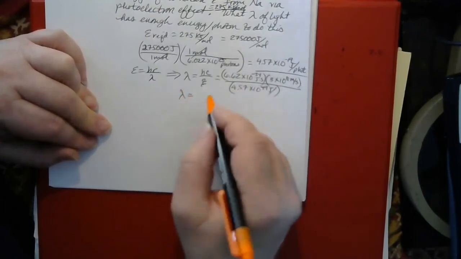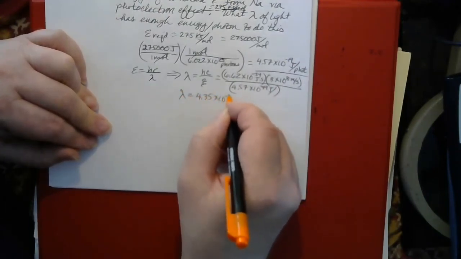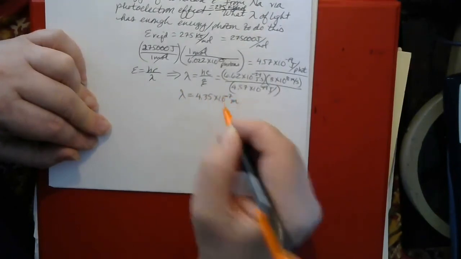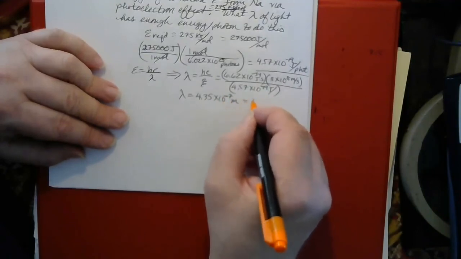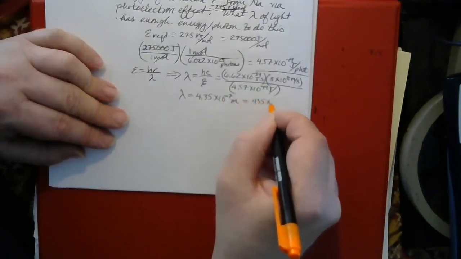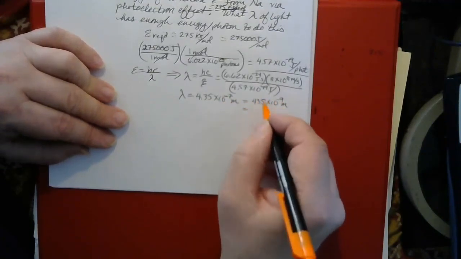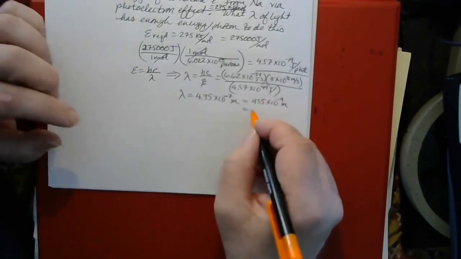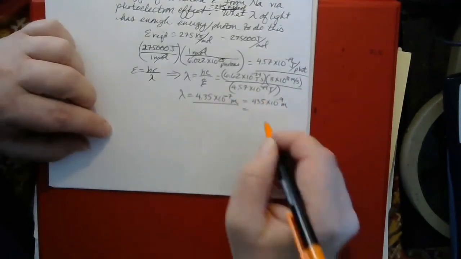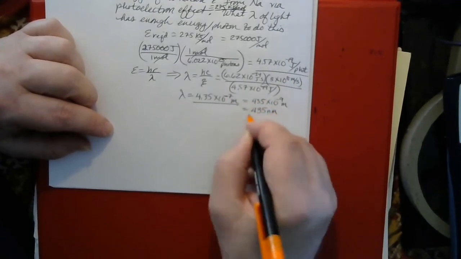Okay, if you work all of this out, we get 4.35 times 10 to the minus 7 meters, or 435 times 10 to the minus 9 meters. And the reason I said that is because I don't think the question actually specified units, but this is visible light, and we usually report the wavelength of visible light in nanometers.